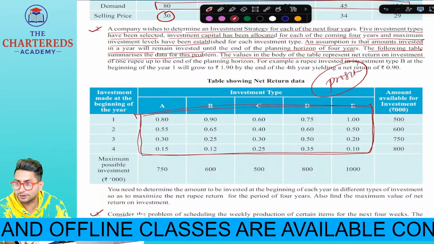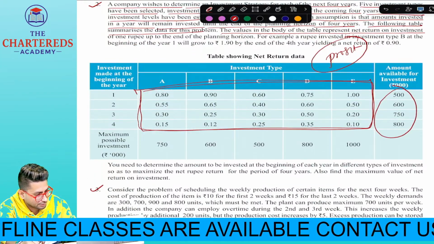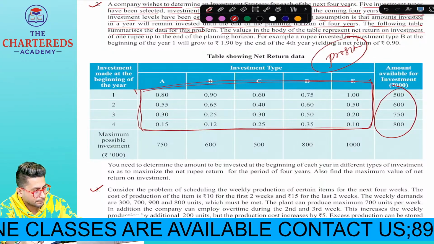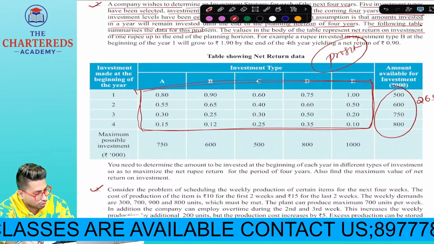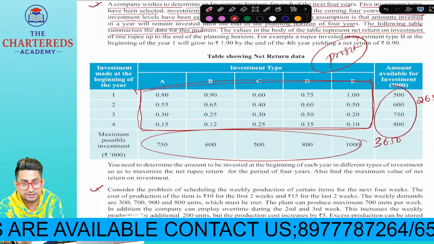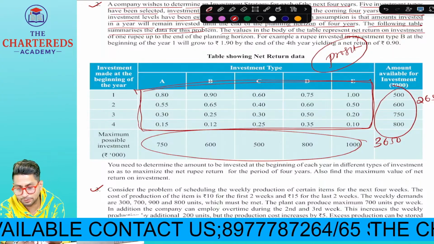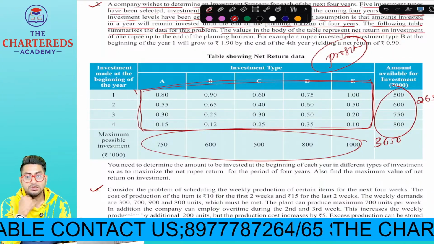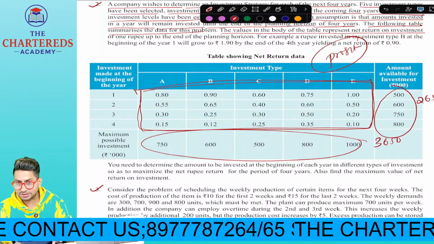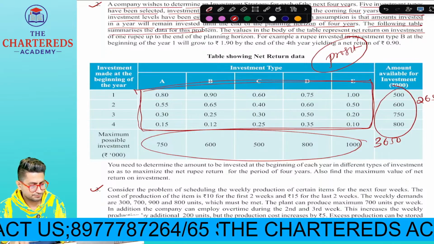This also you have to convert into minimization. Now check how much is the supply. 2650. How much is the demand? 36. So this is also an unbalanced problem. This is also a maximization problem. So in both cases, what you have to do? Convert unbalanced to balanced and then convert maximization to minimization.